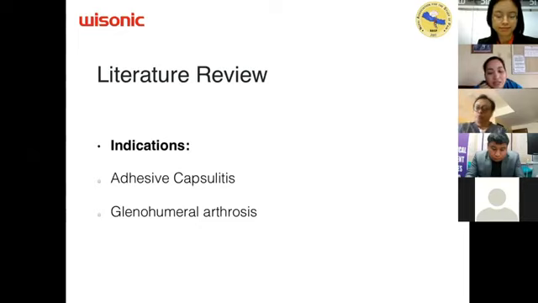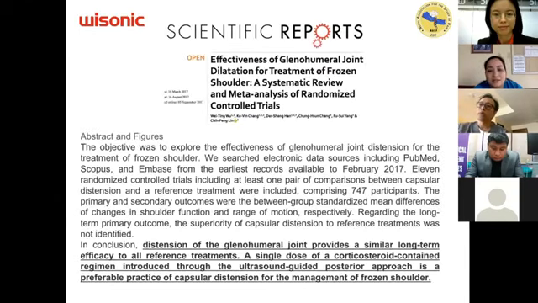The indication for injecting the posterior glenohumeral joint is either glenohumeral arthrosis or adhesive capsulitis, commonly known as frozen shoulder. There is a paper in Scientific Reports on the effectiveness of glenohumeral joint dilatation for treatment of frozen shoulder. It was a systematic review and meta-analysis.